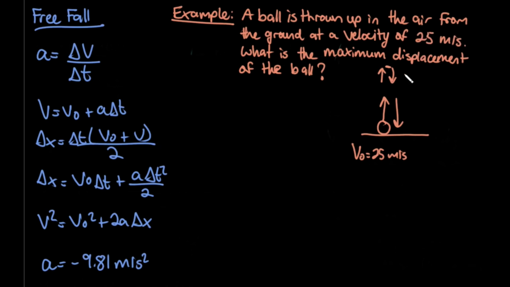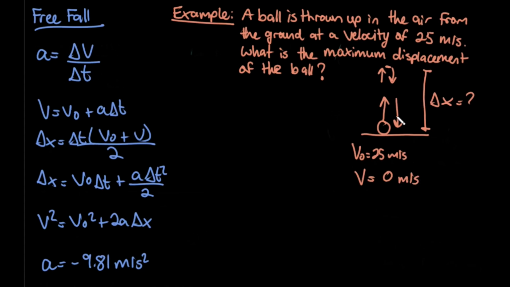But not really, because we know that we're looking for the maximum displacement, which technically is the height here. This is our displacement, and this is what we're looking for. At the very top, when it turns direction, we know that the velocity there is 0, so my final velocity, v, is 0 meters per second.